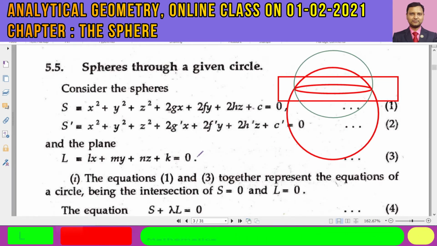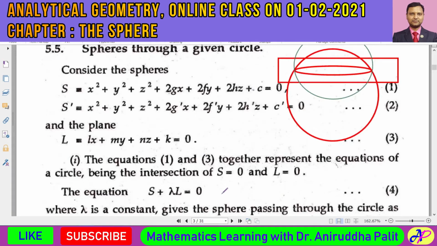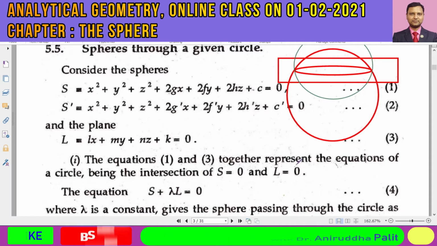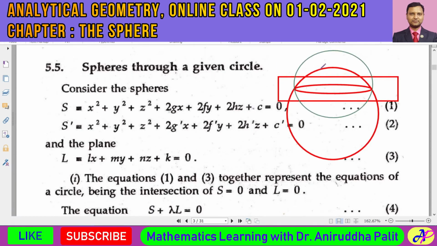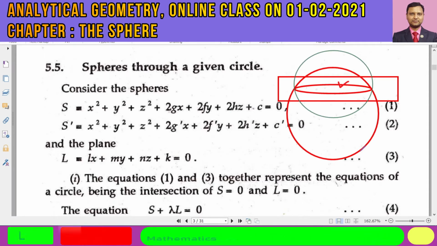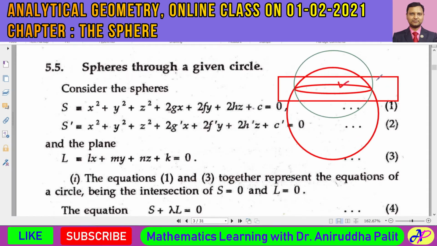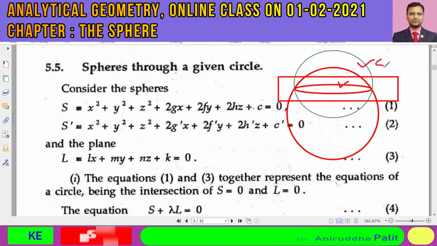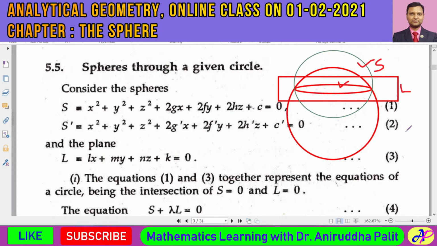That would be a surface passing through this curve of intersection.